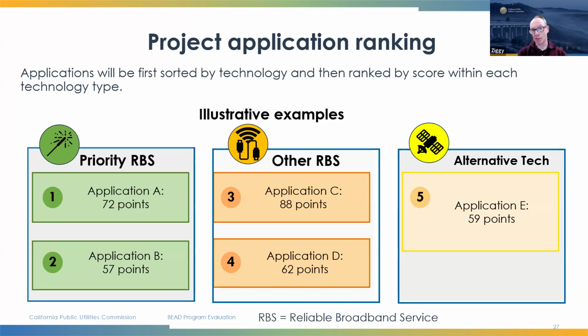If yes, then that will be selected. If no, we'll take a look at application D, which has a lower score. If that is also not able to meet the budget for the area, then we will look at alternative technology applications.